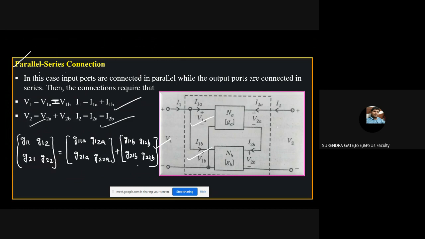That is, the G parameters are added directly. This is about the interconnection of two-port networks: series connection, series parallel connection, cascade connection, and parallel series connection. Friends, any doubt?